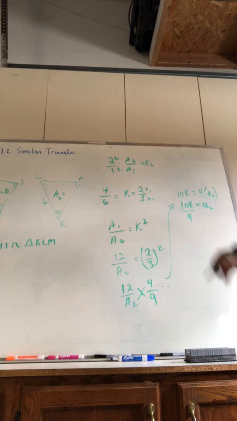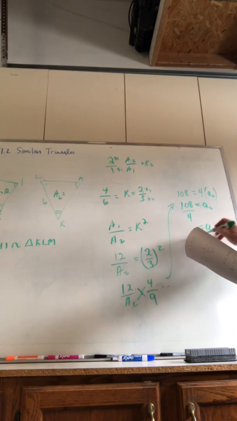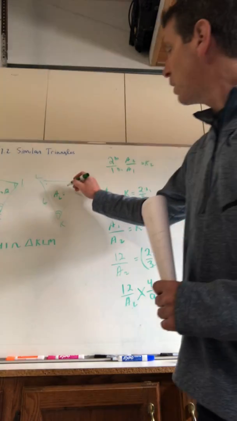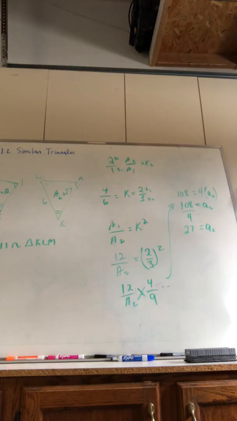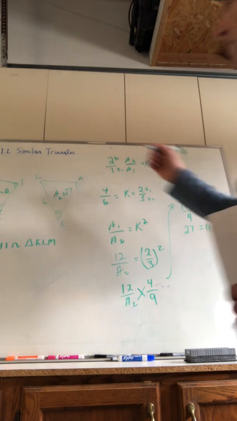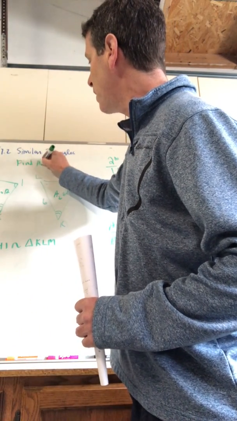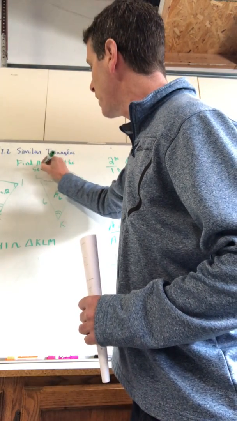Algebraically, we can move that 4 to the other side. It becomes A2 divided by 4. A2 is 27. So I have just found the area of the second triangle here, and that is 27. I realized I didn't write this down, I hope I said it, but our objective here was to find the area of this second triangle.